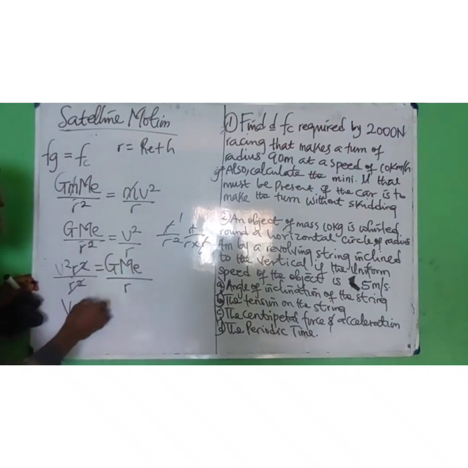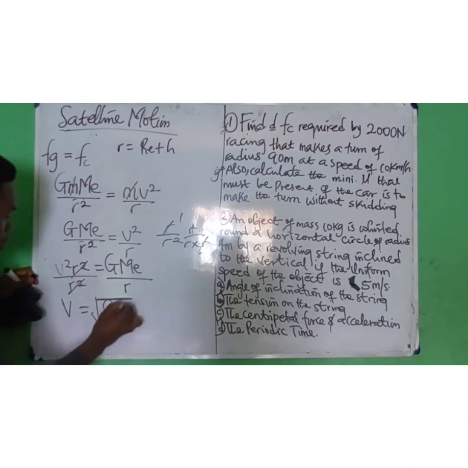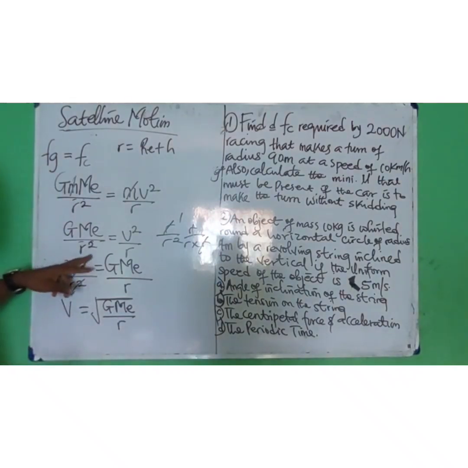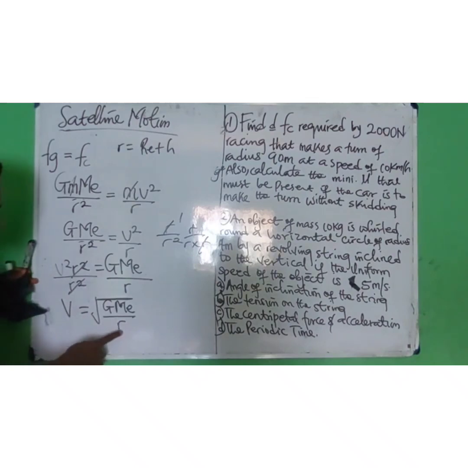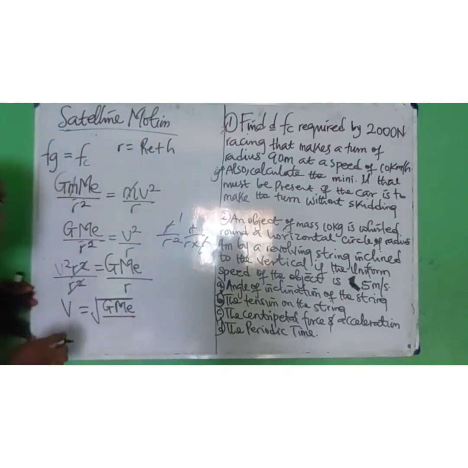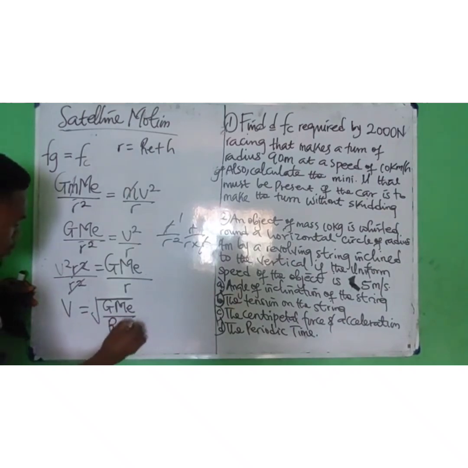As it crosses over, you now have G M E over R. So v is equal to the square root of G M E over R. But we said that R is R_E plus h, so I'll just remove this R and write R_E plus h.